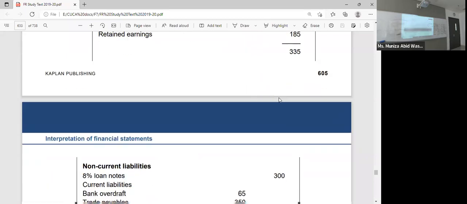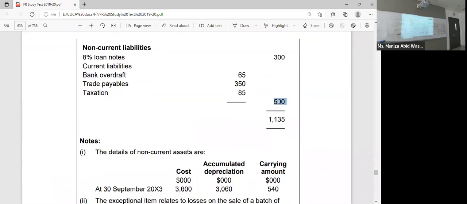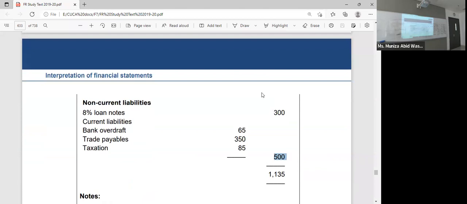Total assets minus current liabilities 500. 1135 minus 500 is your capital employed: 635. 635 is your capital.